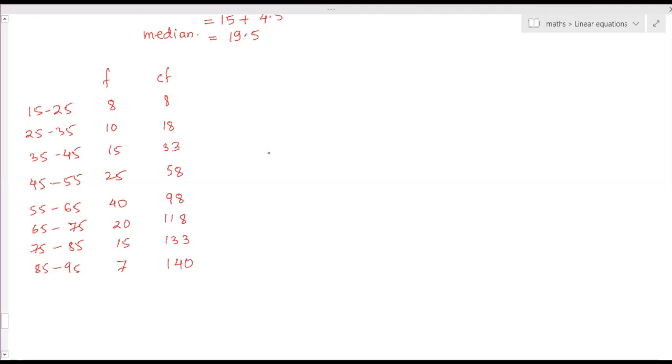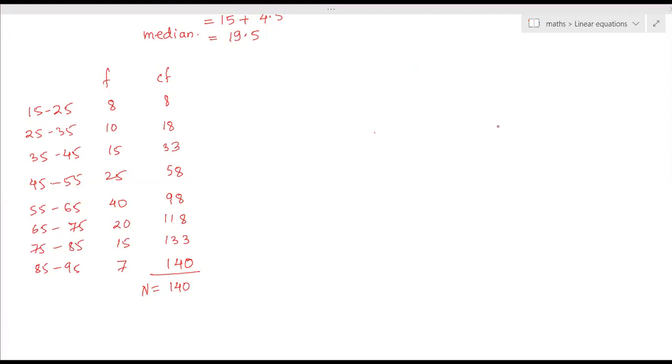Now finding median class. So what is n value? 140.